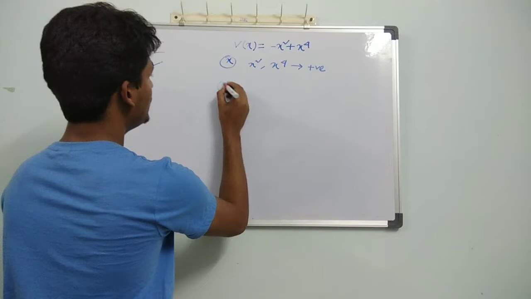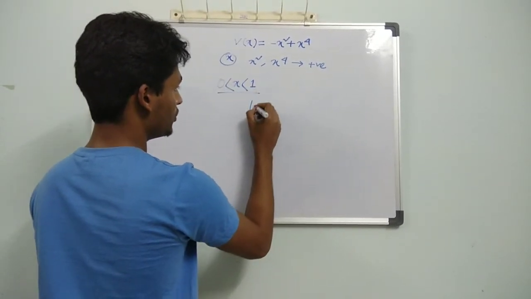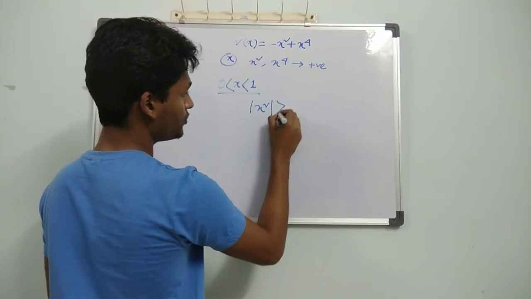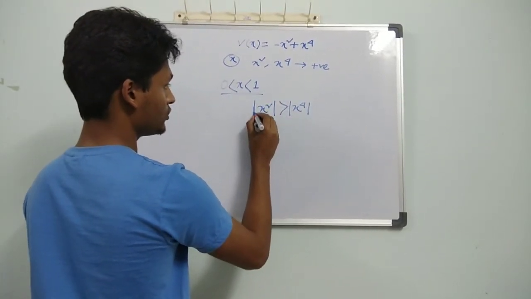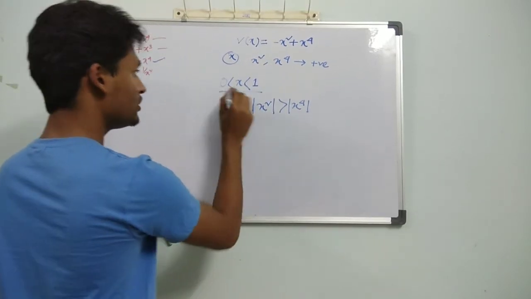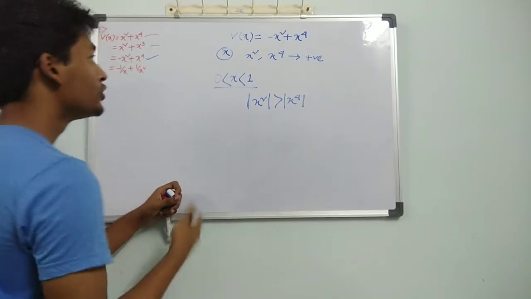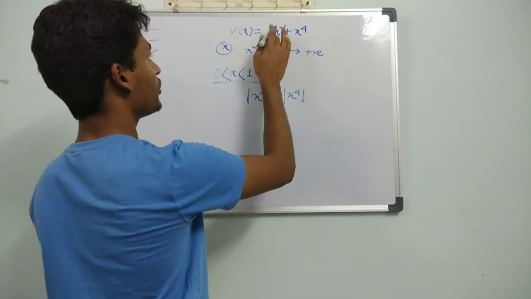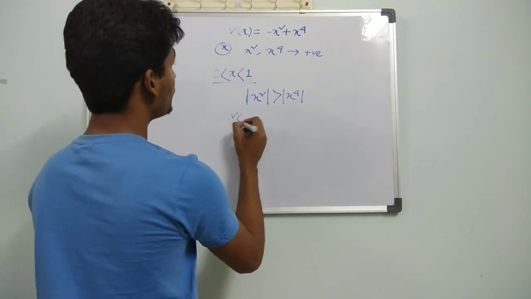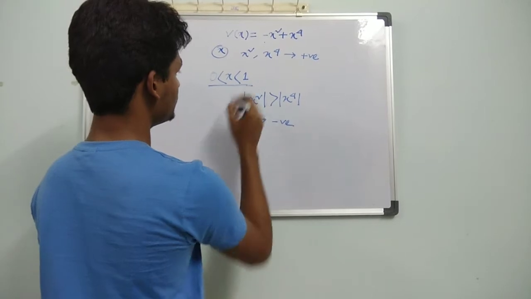So in the region 0 to 1, mod x will be greater than x to the power 4. I'm not taking the sign. In this region, x square will be greater than x to the power 4. As there is a minus before x square, the Vx will give you negative in this region.